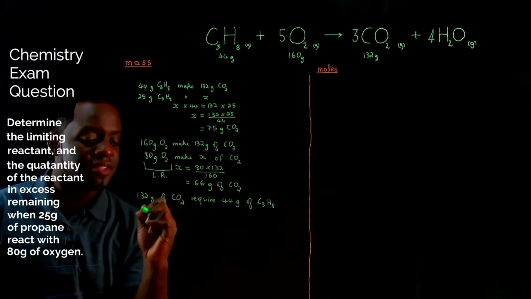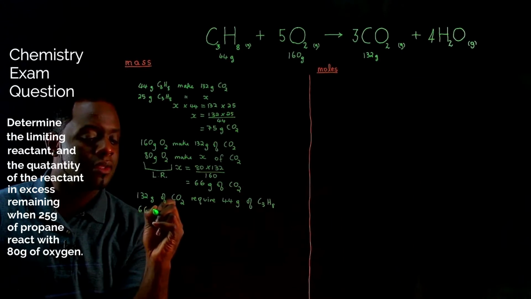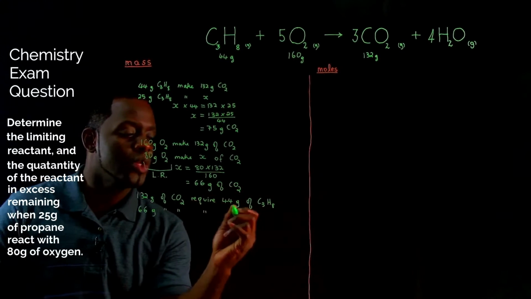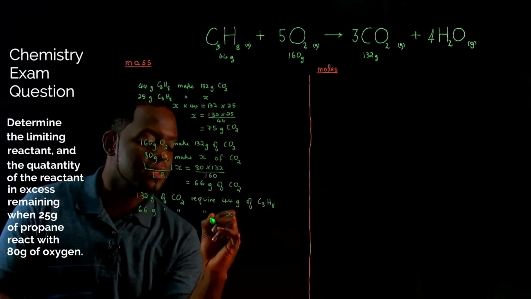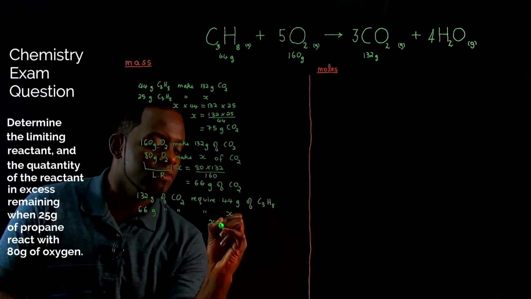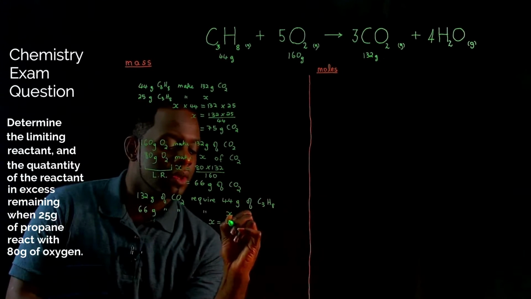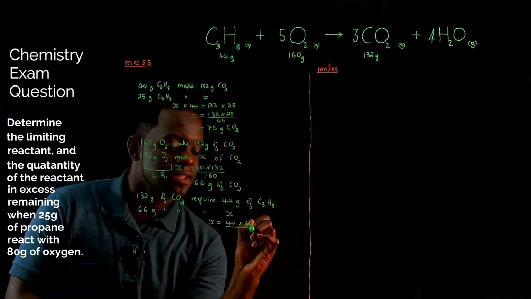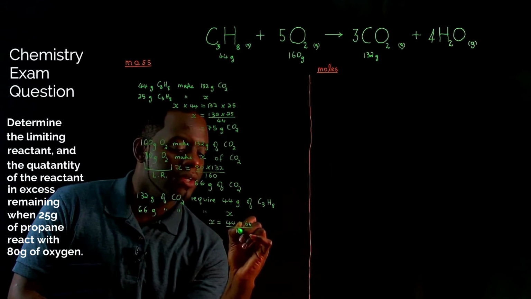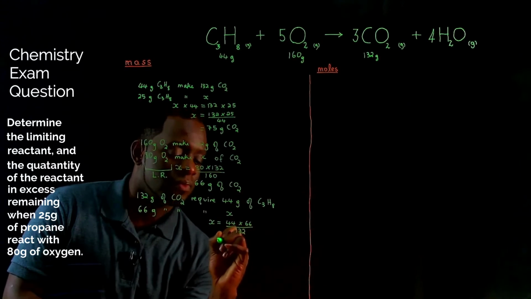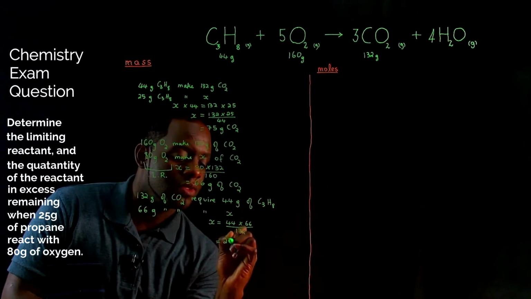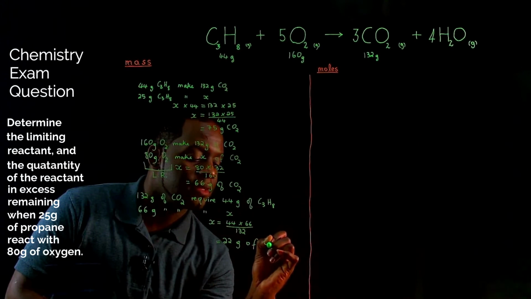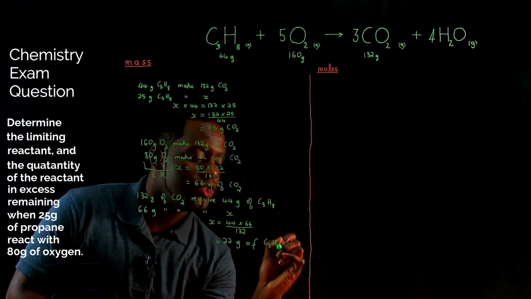So 66 grams of carbon dioxide will require X. X is equivalent to 44 times 66 divided by 132, which is 22 grams of propane used.